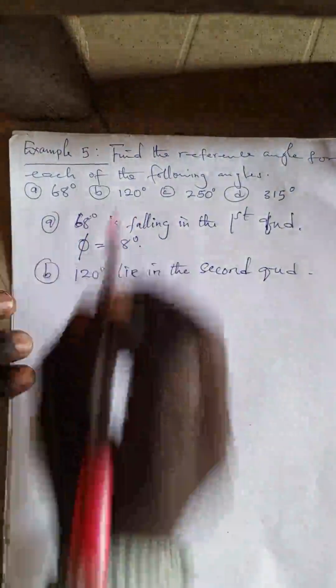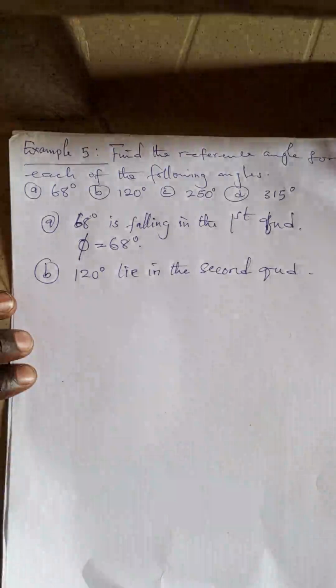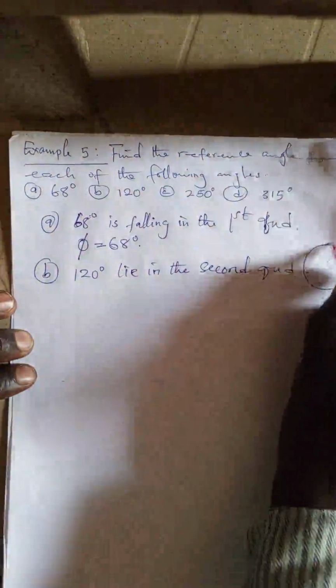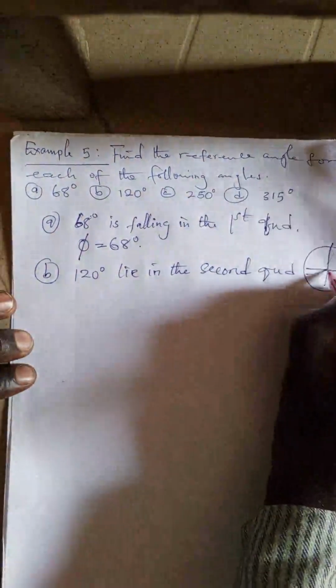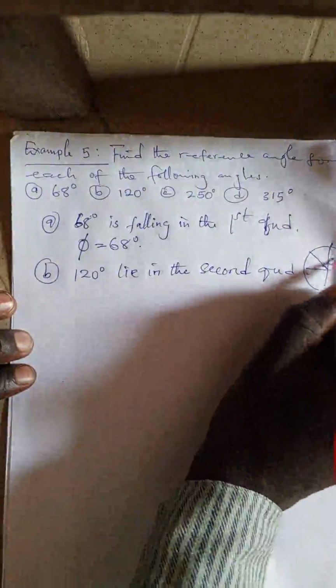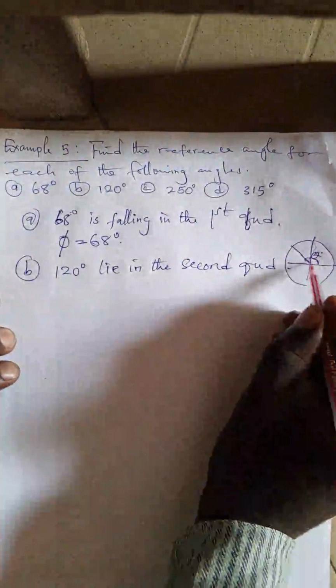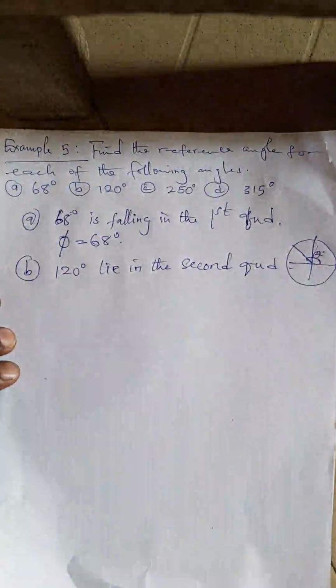Because it is greater than 90 but less than 180, so in between. So it has to lie in the second quadrant, and that is here. So this is theta in the second quadrant. I mean, 120 is lying in the second quadrant.